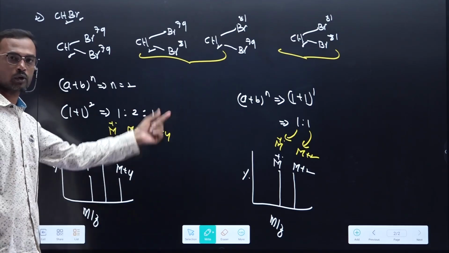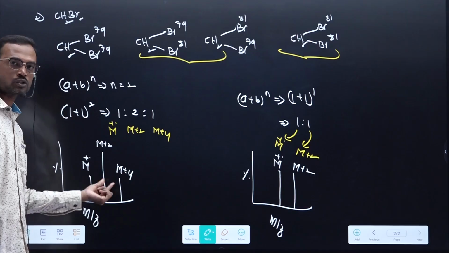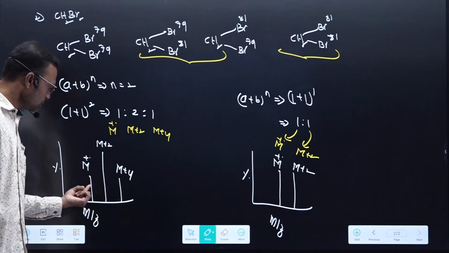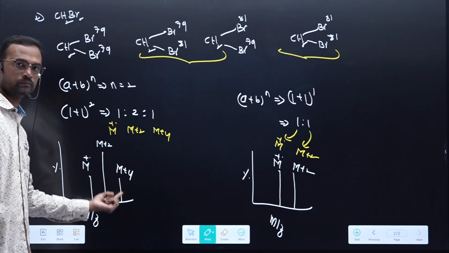See, in the case of two chlorines, you will get 9 to 6 to 1. But when two bromines are present, 1 to 2 to 1. Double the number.